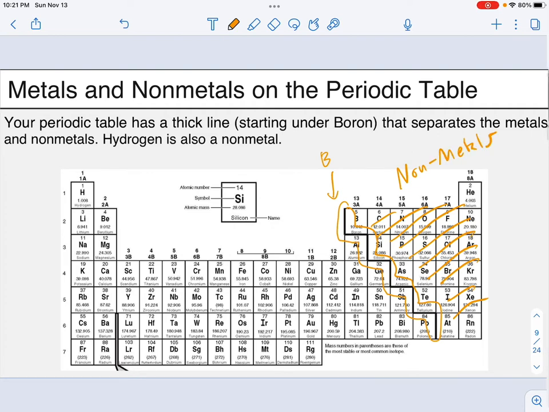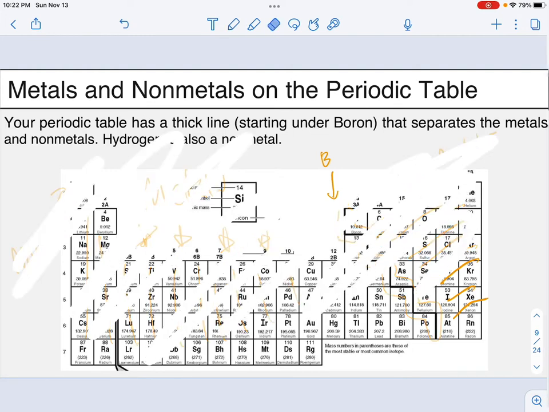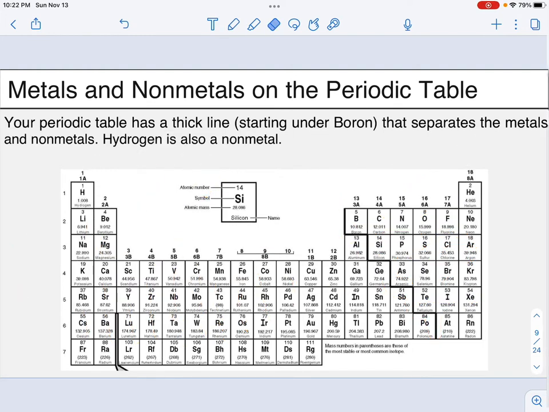Everything to the left that I'm putting a star by, okay? It's an ugly star. Everything here that I'm doing in straight lines, these are the metals, okay? And don't forget, there's one exception. Hydrogen is a non-metal. But that line that I just drew, very important line, that's the line of demarcation, okay?